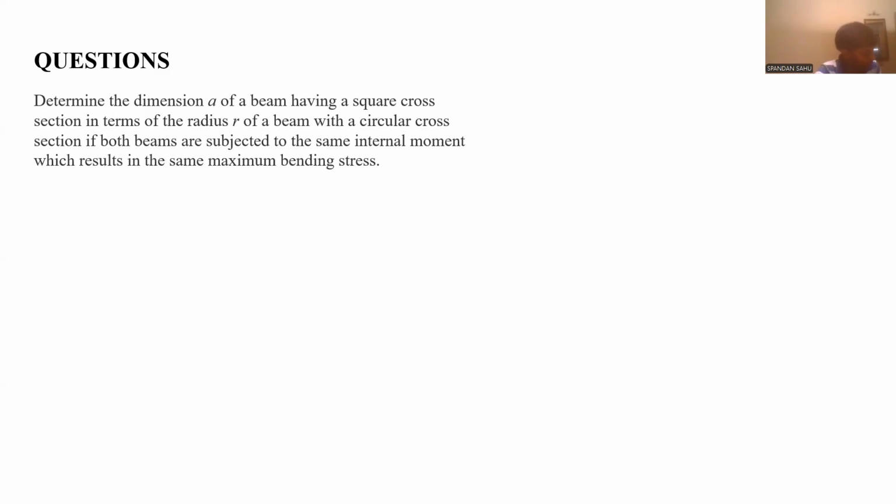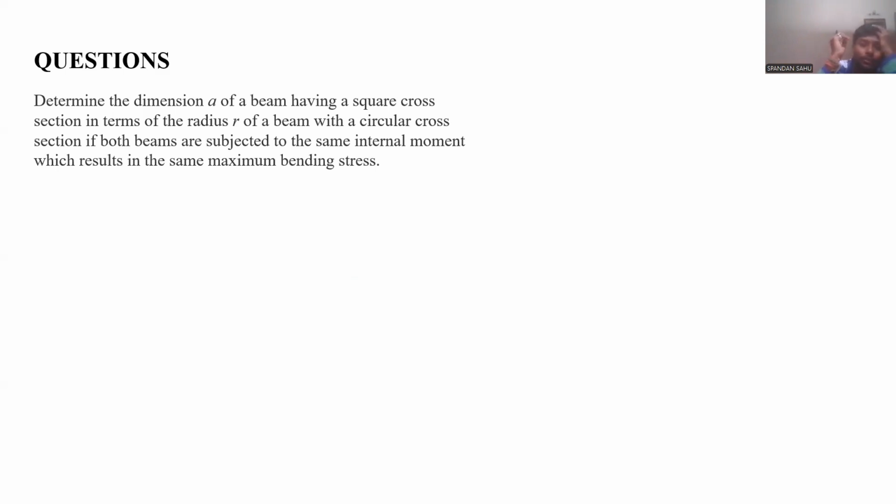Now, try this question. In this question, they are telling, determine the dimension a of a beam having a square cross-section in terms of the radius r of a beam with a circular cross-section. If both beams are subjected to same internal moment, which results in same maximum bending stress.